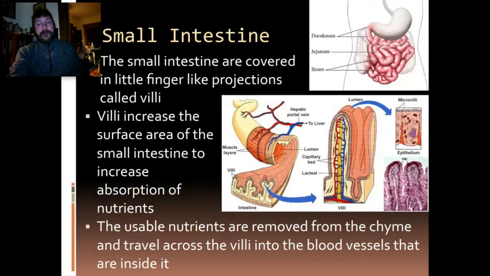These villi, which are shown right over here, help to increase the amount of blood flow around the linings of the small intestine, which helps increase the absorption of nutrients from the digestive system into the circulatory system. This is really important in transferring nutrients from the chyme into the blood so they can be moved around through the body. There are a lot of blood vessels in the small intestine that allow this to happen.